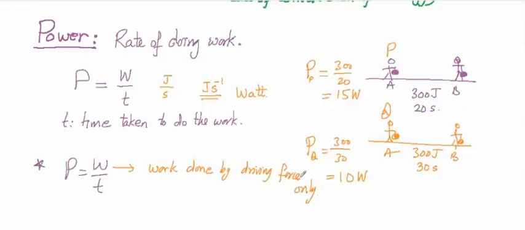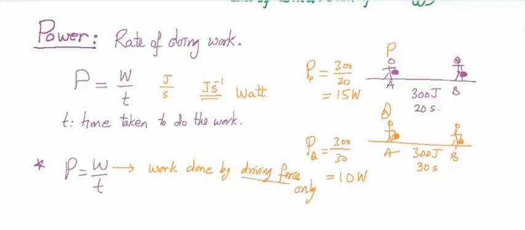Like if a car engine is doing work, the engine is producing a driving force, so we take the work done by the driving force, not the net work done. Net work done would be the work done by the driving force minus the work done against the resistances. We do not take that here.